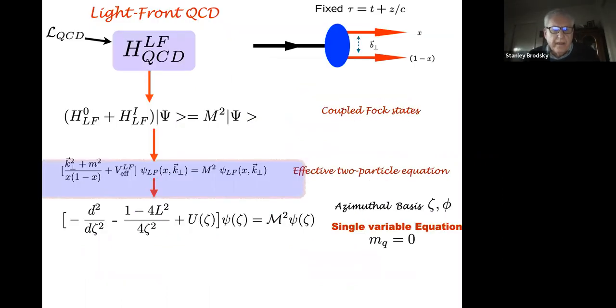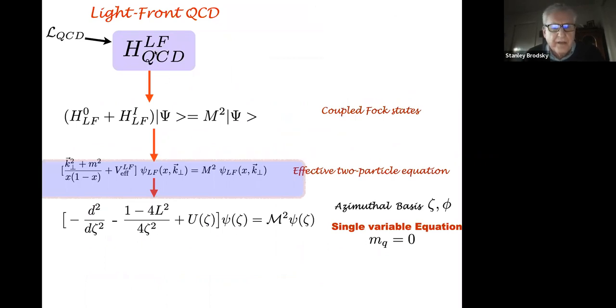Okay. Now, let me go back a step here, excuse me, and that is you start again with the Lagrangian of QCD. It has the kinetic energy term and the interaction terms, and it's off diagonal in Fock space, but you have these equations. Now, it turns out that you can write this same equation. Let me throw the mass squared away just for a moment, because we'll put that back in later.